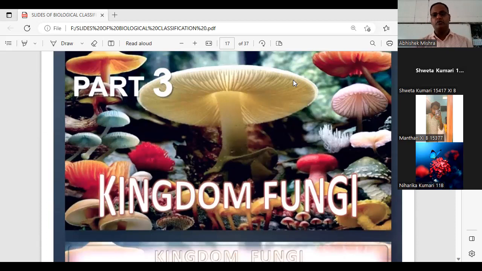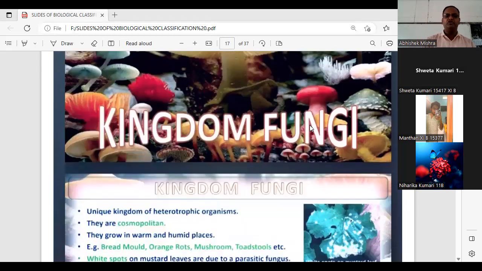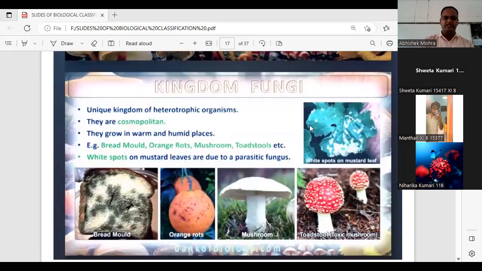Which feature or character comes to your mind automatically? Tell me. Any feature of the fungi you know? Okay, very good, Shweta. Saprophytic. Okay, good. Saprophytic, feeding on dead and decaying organisms.